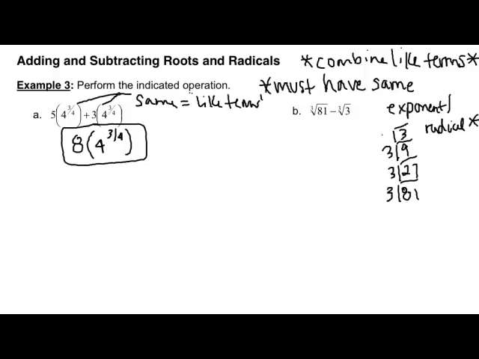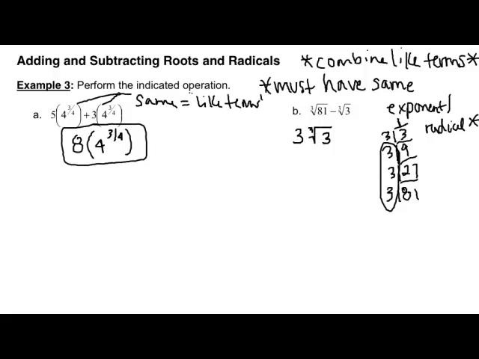That will give us 3. And 3 is our last one. Again, we're looking for groups of 3 because 3 is our index. So we have three 3s. So that's going to go outside of our radical. And again, whatever's left over, we multiply together and put underneath the radical. So we have one 3 left over. So this is the same as 3 times the cubed root of 3.